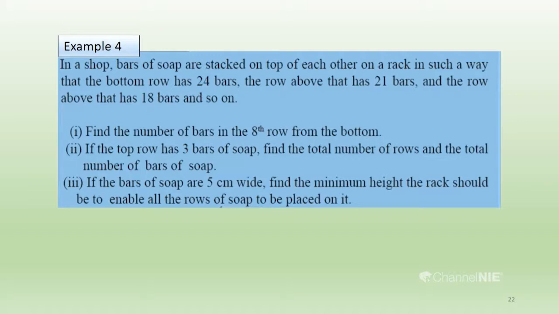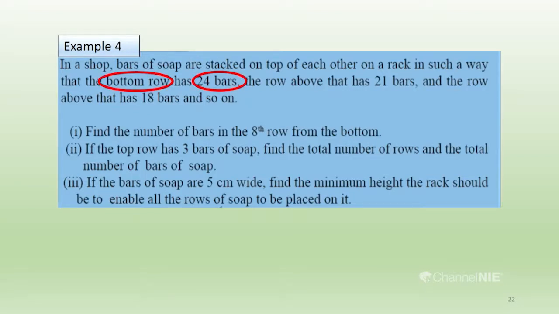And second part, if the top row has 3 bars of soap, find the total number of rows and the total number of bars of soap. If the bars of soap are 5 centimeters wide, find the minimum height the rack should be to enable all the rows of soap to be placed on it. We have to find the answers of this. Then we are going to discuss that.